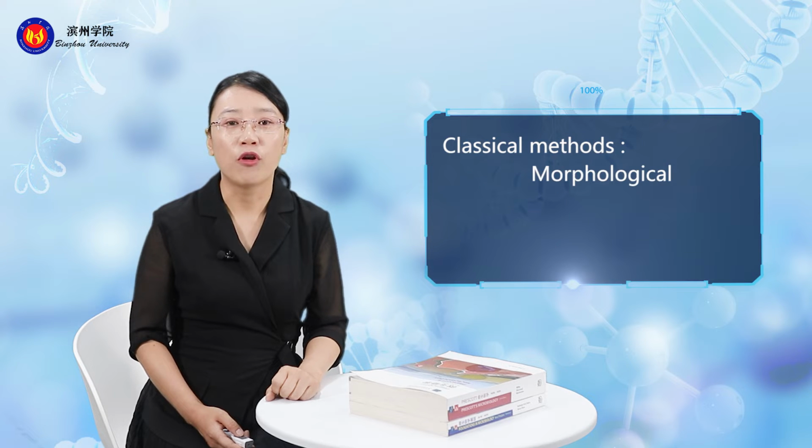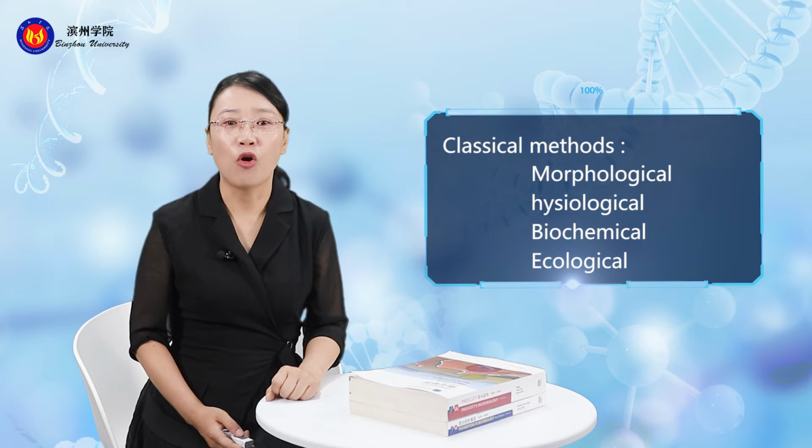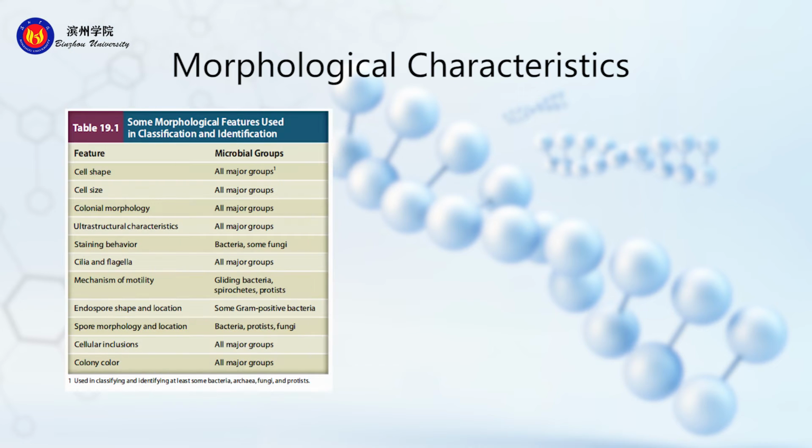Traditionally, the morphological, physiological, biochemical, and ecological characteristics were used in identification. Look at this table.